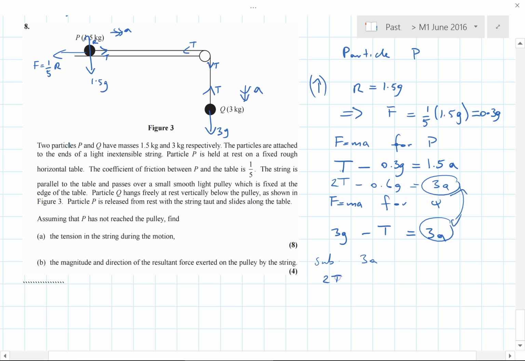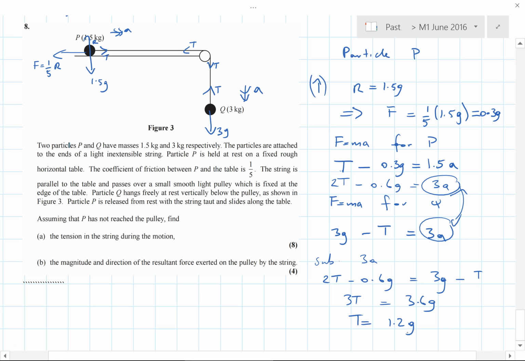It's not going to be hard work, I don't think. 2T minus 0.6g is equal to 3g minus T. So that gives me 3T is equal to... nope, 3.6g, sorry. 3T is equal to 3.6g, so T is equal to 1.2g.